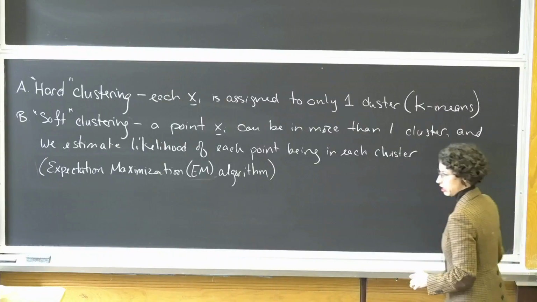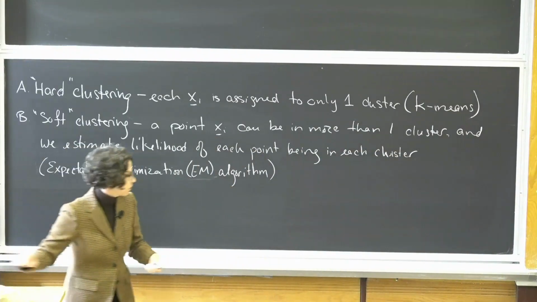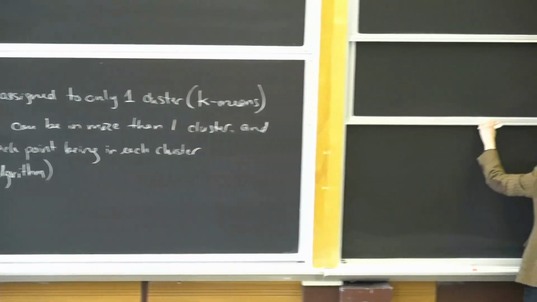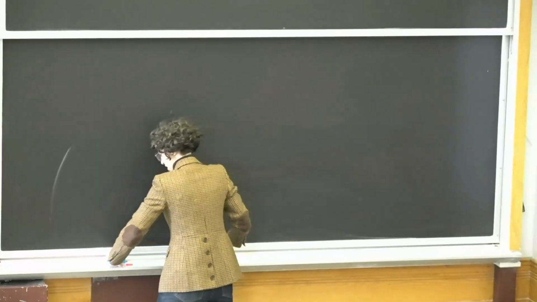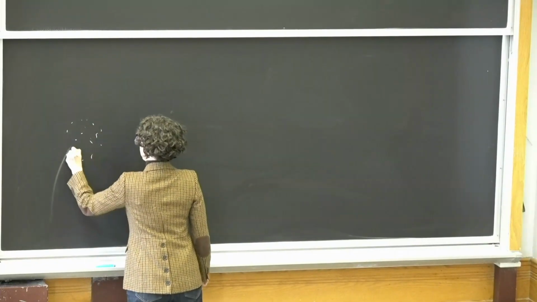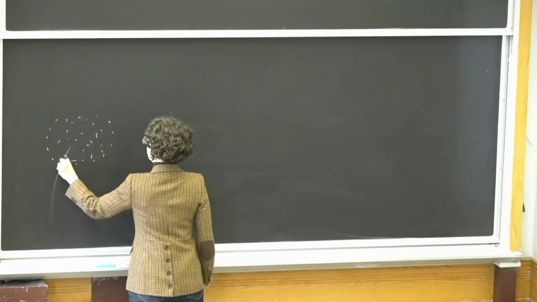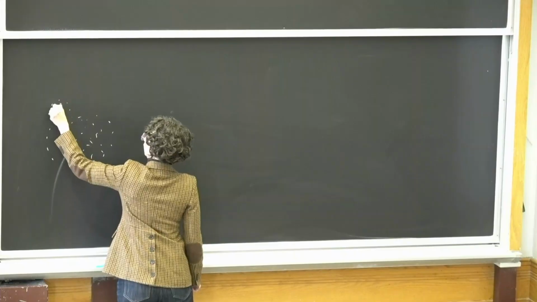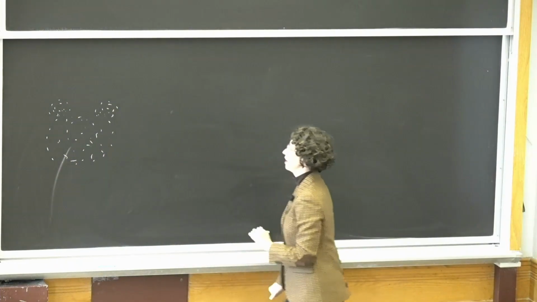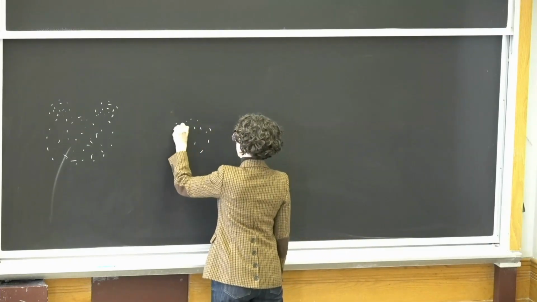Actually, let me give you a little illustration here before we really get rolling with k-means. Let's imagine that we have a data set that looks something like this. We've got a whole bunch of samples here, and they kind of look like Mickey Mouse, right? I'm going to draw this data set twice.